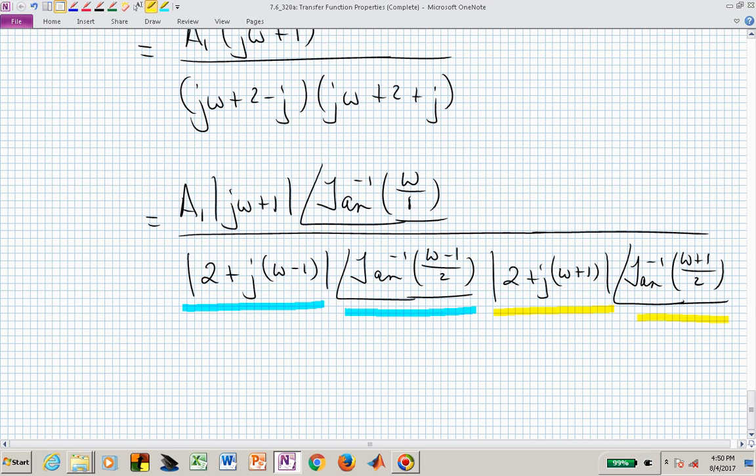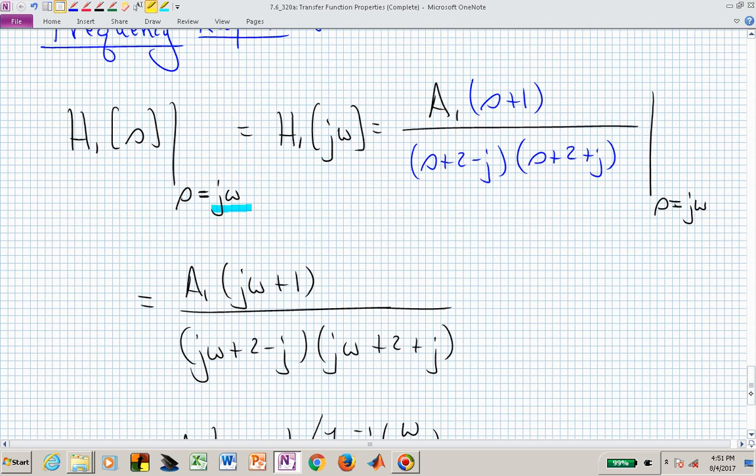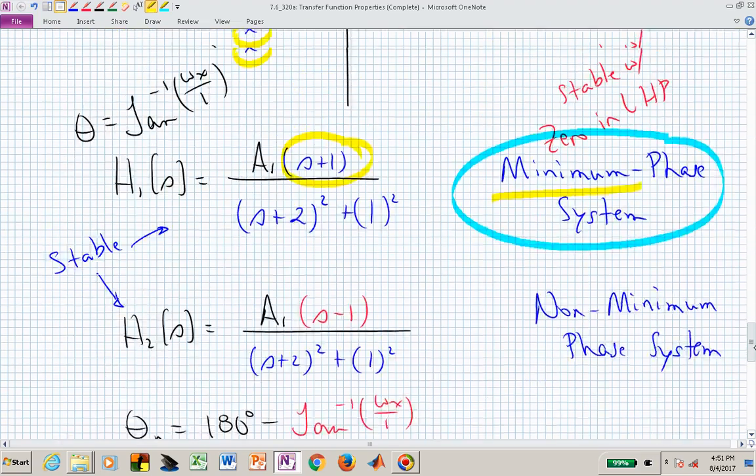That's just another hypotenuse of a right triangle dependent on the frequency omega, and the angle is also dependent on the frequency omega, but it's a straightforward computation to find those magnitudes and angles, and that produces how this transfer function behaves for a given frequency.